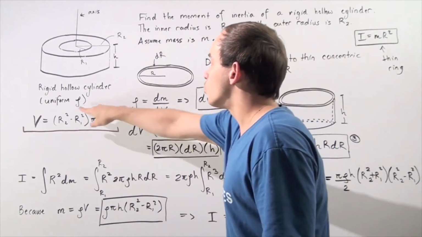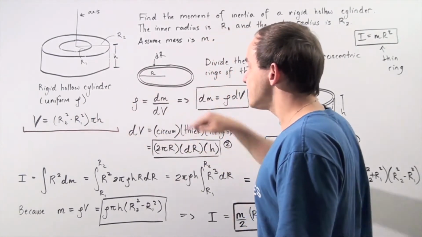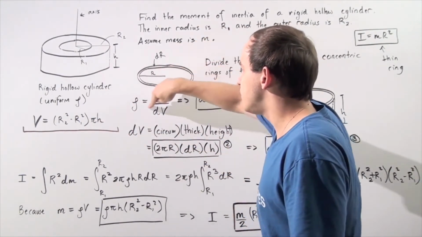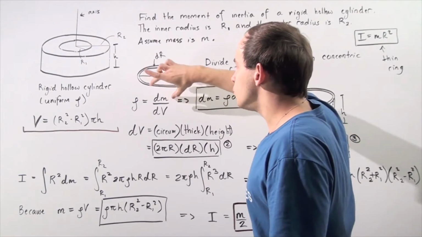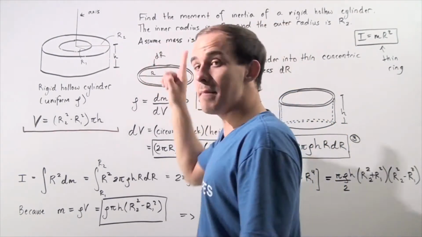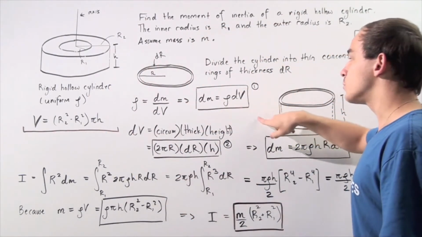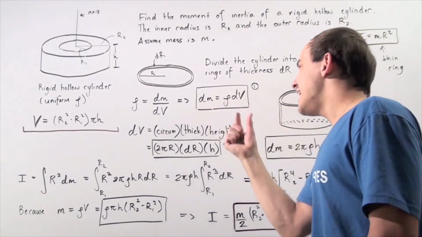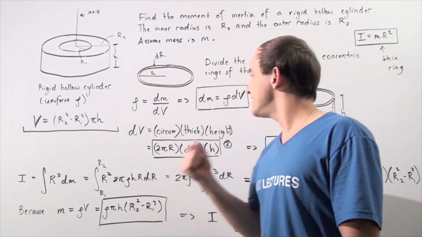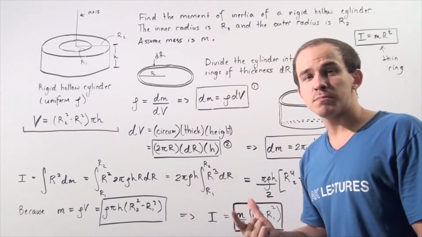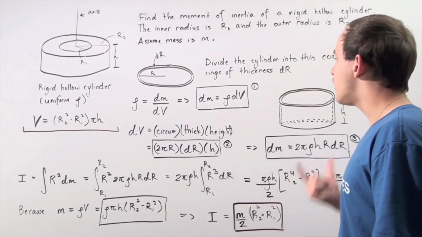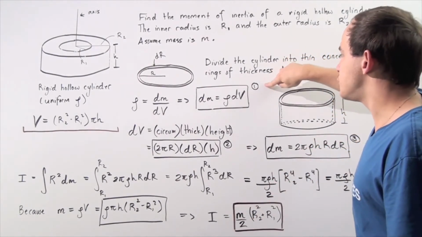So our rho, our density, is equal to dm divided by dv. We can rearrange and solve for the mass. So dm, the infinitely small change in mass, is equal to our density multiplied by the infinitely small change in volume. Let's call this equation 1.